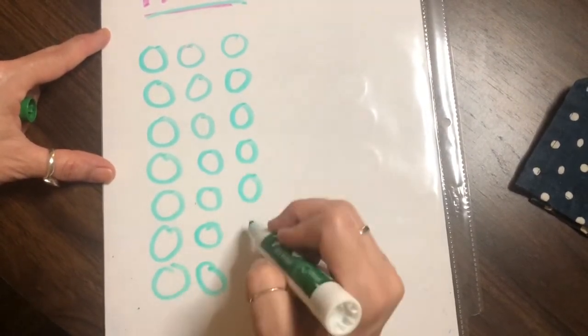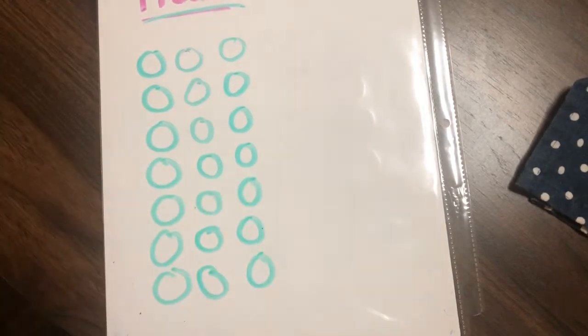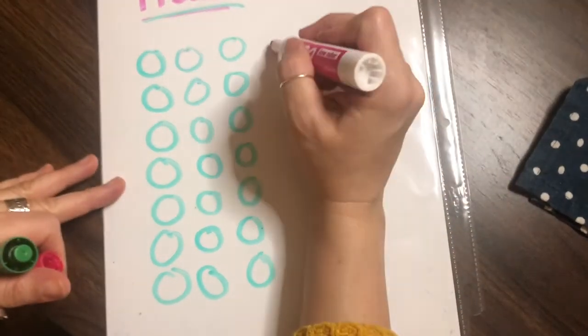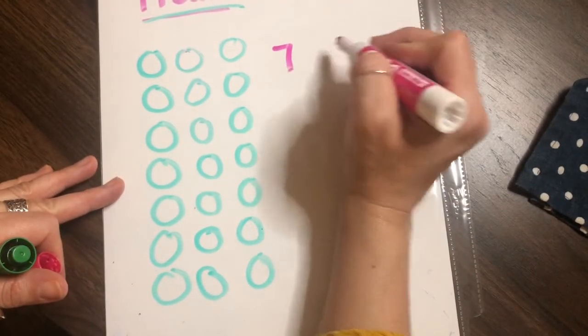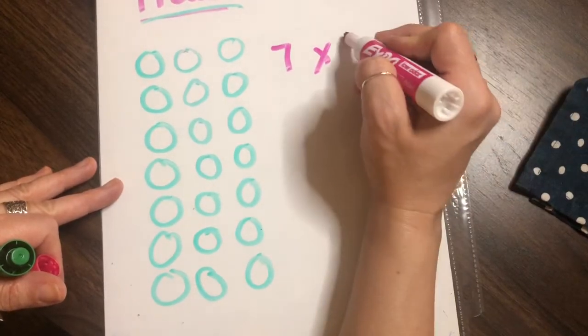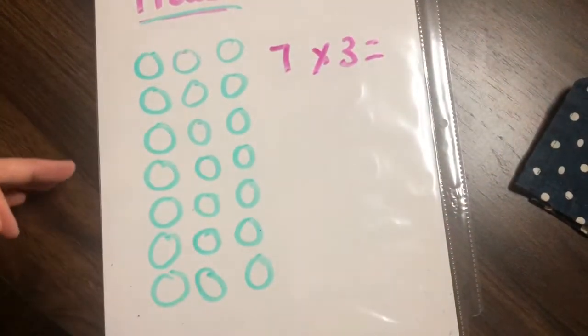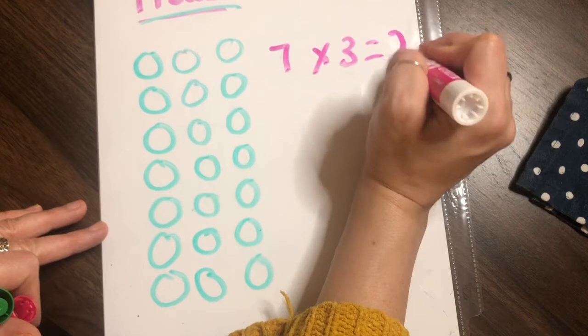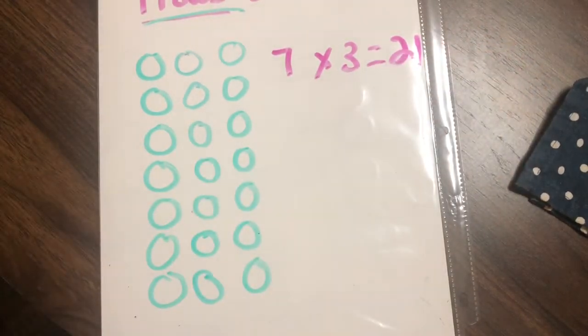Share out what multiplication sentence you used to match this array. 7 groups, or 7 rows, of 3 equals what? Shout it out. 21.